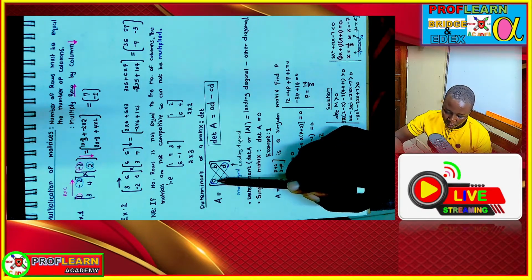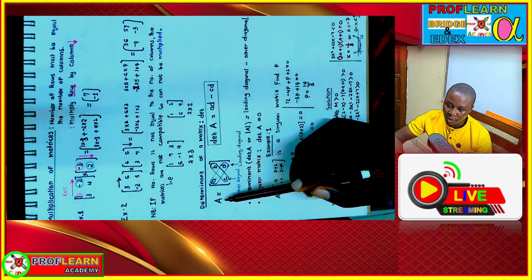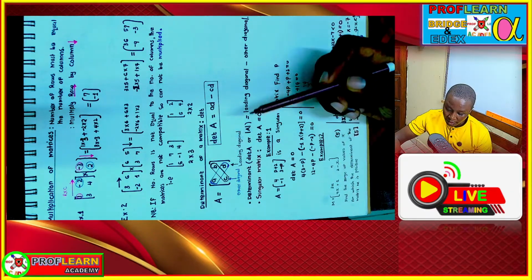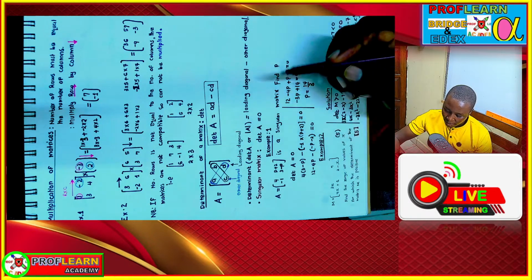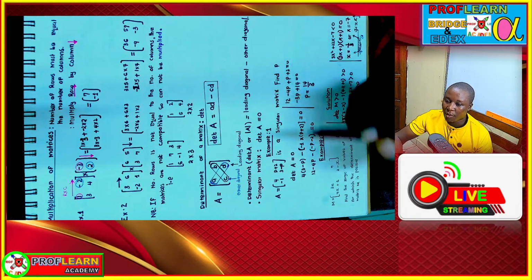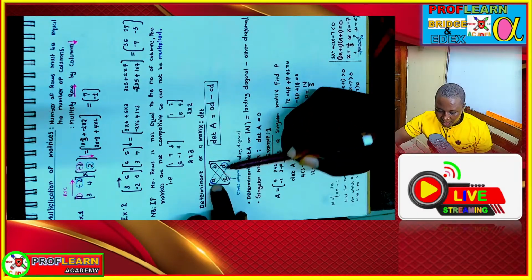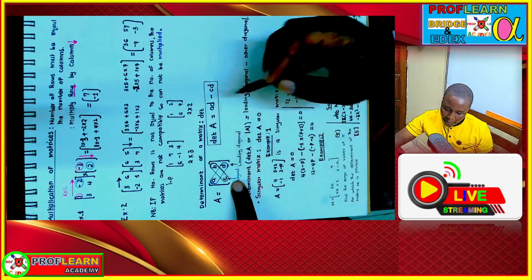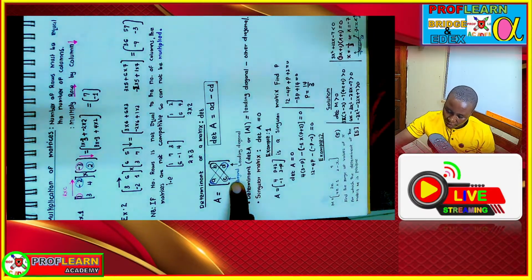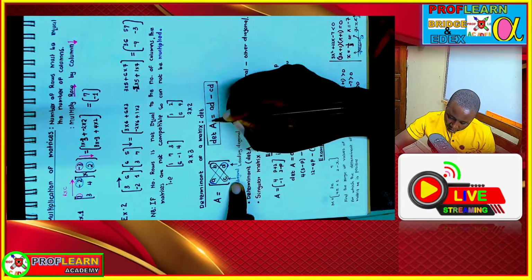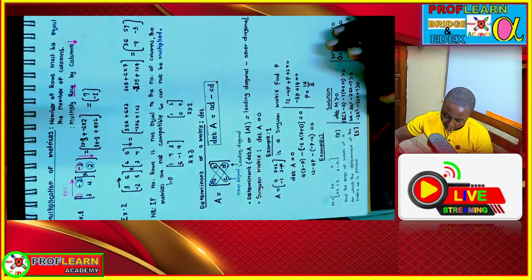For you to find the determinant, it is going to be det A, because the matrix is A. The determinant is denoted as det A, or as modulus of A, or as triangle of A. Then you can say A times D minus B times C. So this becomes the formula you shall be using to work out a matrix determinant.